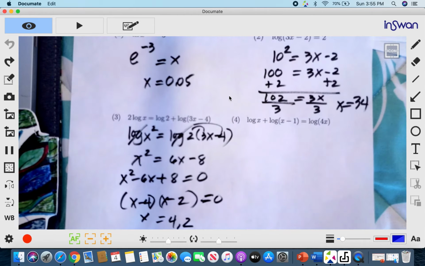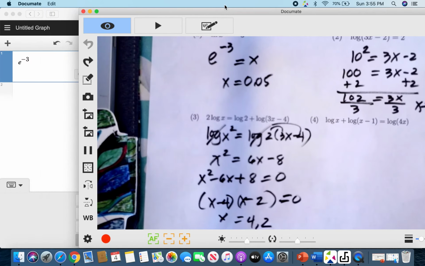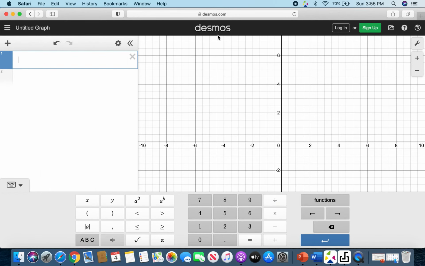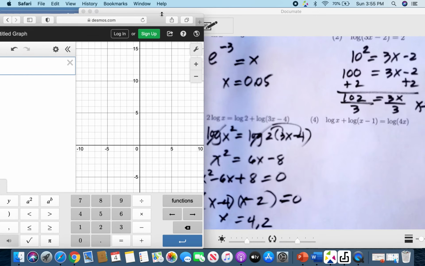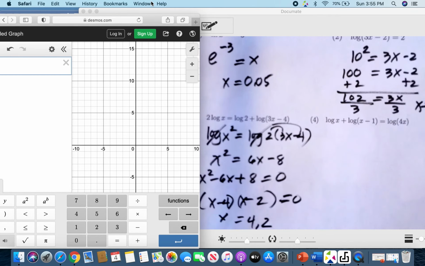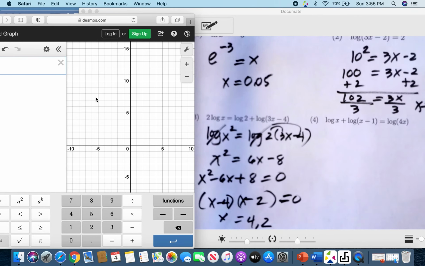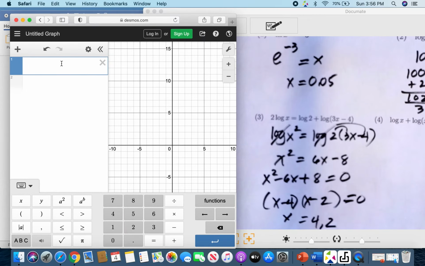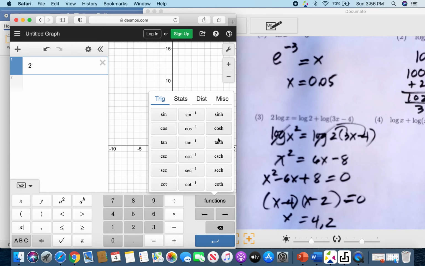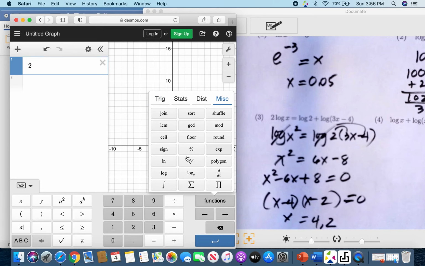Okay? You can also verify the answer by using y1 equals y2. You still remember? You just have to find the points of intersection of the graph. So if you have our first equation to be 2 log of x, using our Desmos graphing calculator, so you have your 2 log, and you need to find the logarithm.